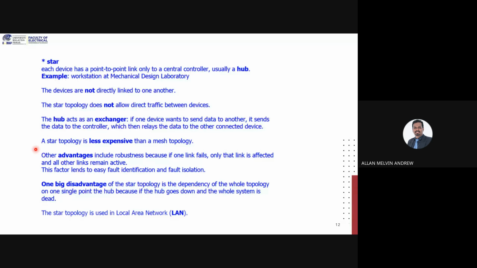Star topology is less expensive than a mesh topology, because mesh topology has more links. If a topology has more links, that means it can be expensive. So there are many less expensive methods available.